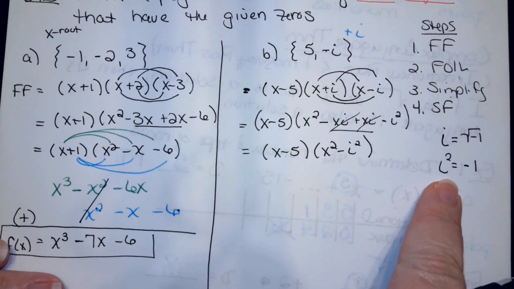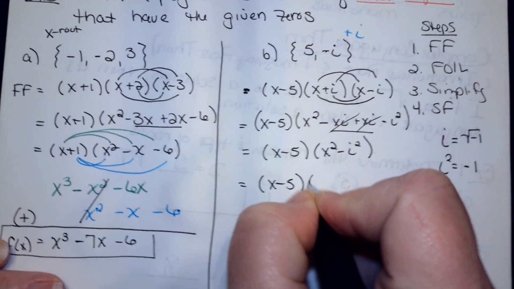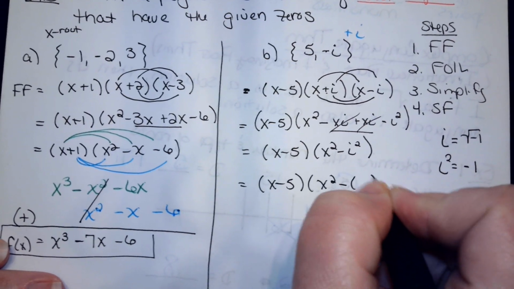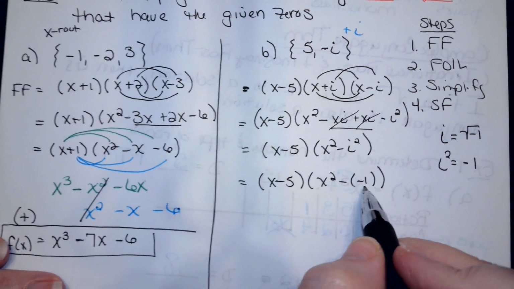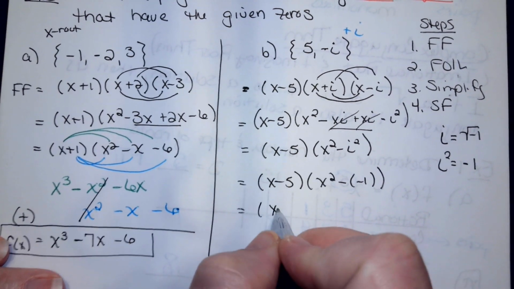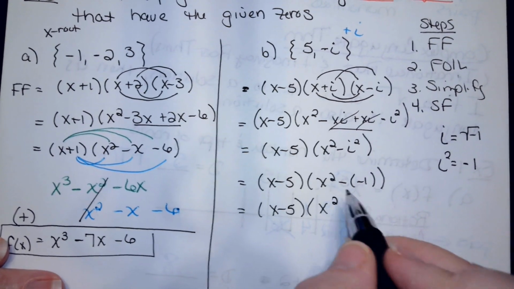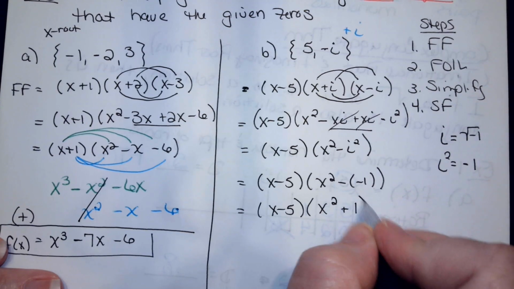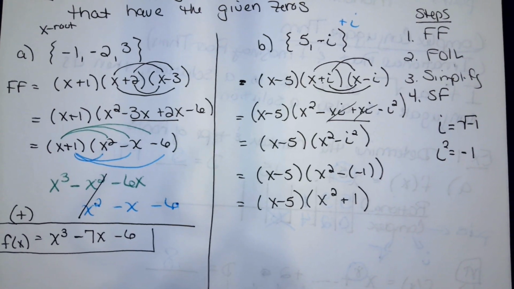But what do we know i squared equals? i squared is equal to a negative 1. So what we really have right here is the negative of negative. Now normally I wouldn't write down all these steps, but I just want you to see what's going on. Negative of negative gives us a positive. And now we can FOIL this again.